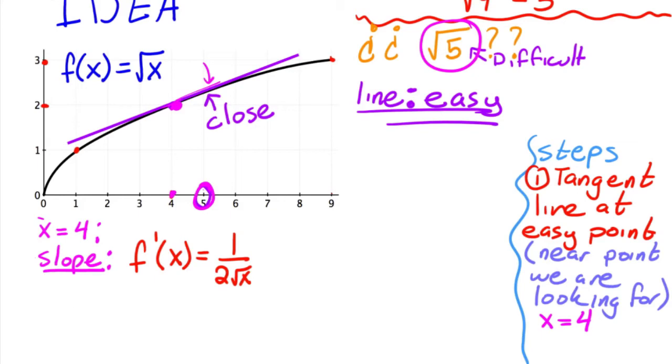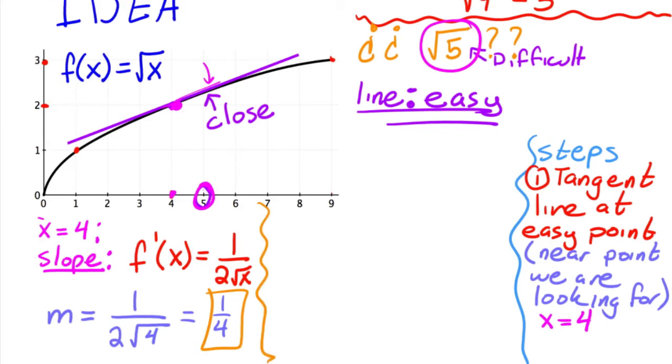Then the slope is equal to 1 over 2 square root of 4, plugging in our number. This is going to be 1/4. So that's our slope.